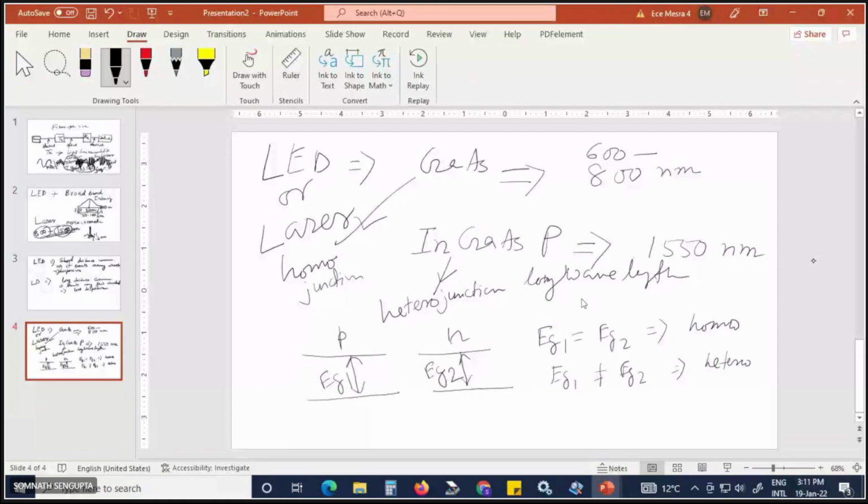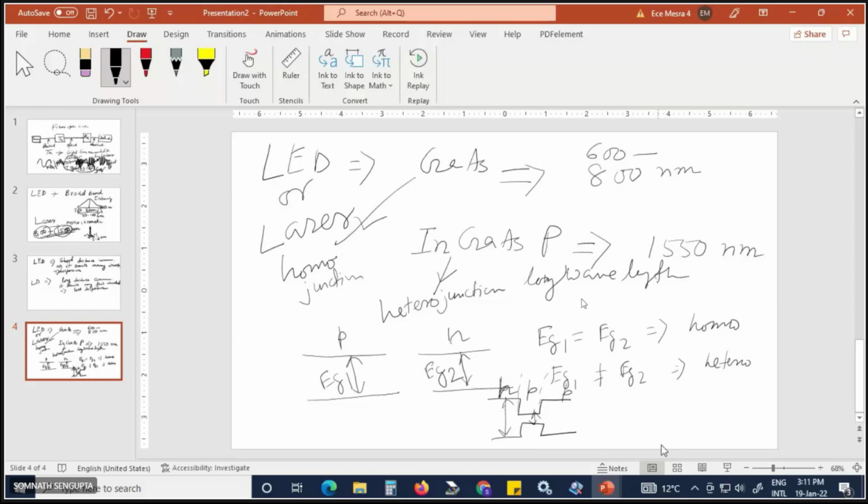Like a quantum well structure, here there is a PN junction, PNN, NPP, this is N, this is P. So all these band gap energies are different, and at these junctions it is different.